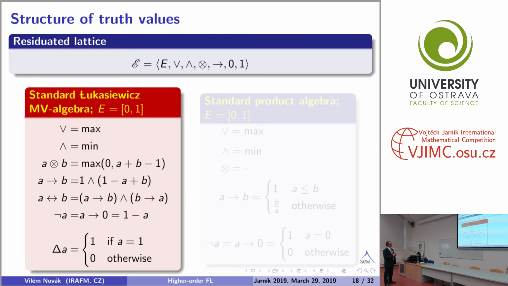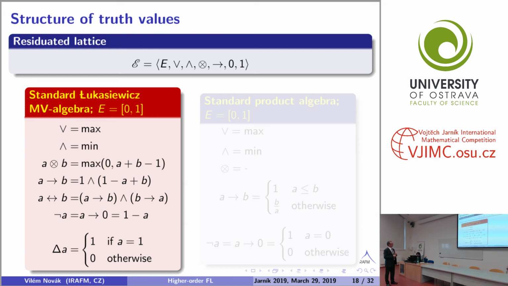Similarly, implication is this operation defined using this formula. I don't have it in these slides, but simply this operation of multiplication and implication are adjoint in a certain sense. We say that it is an adjoint couple, and this is residuation with respect to this multiplication.